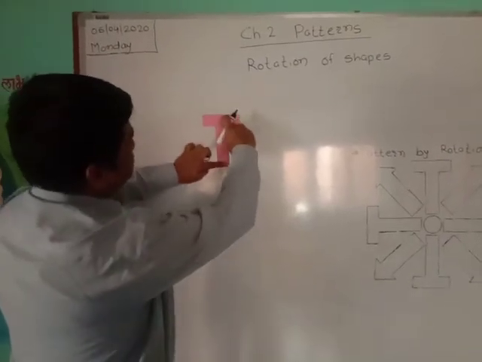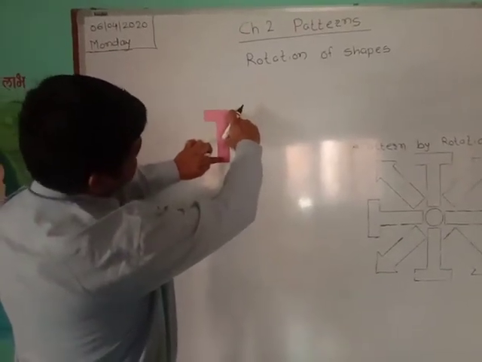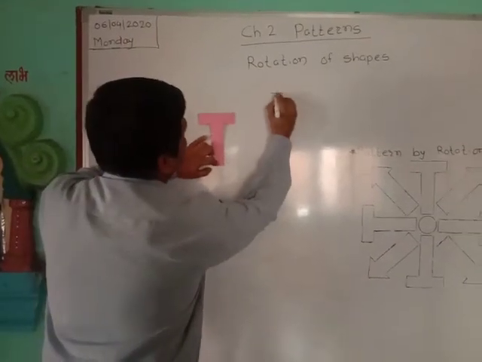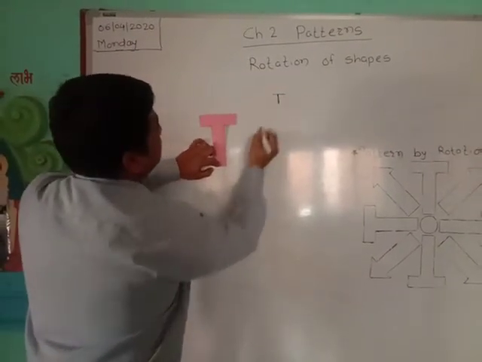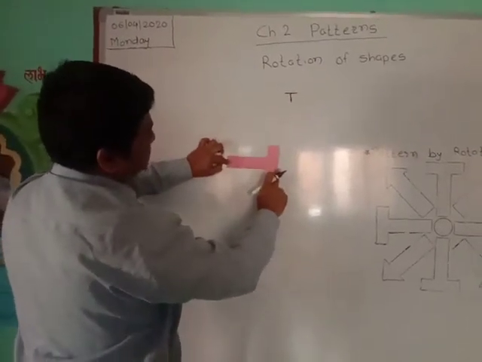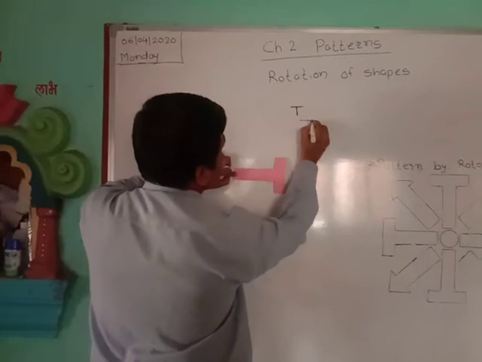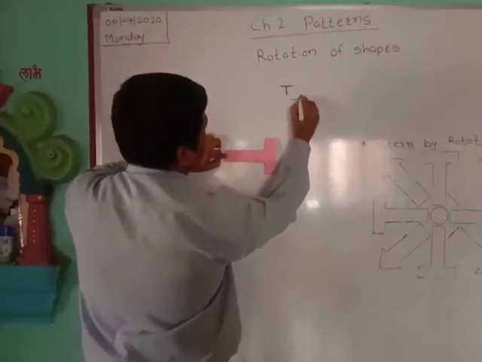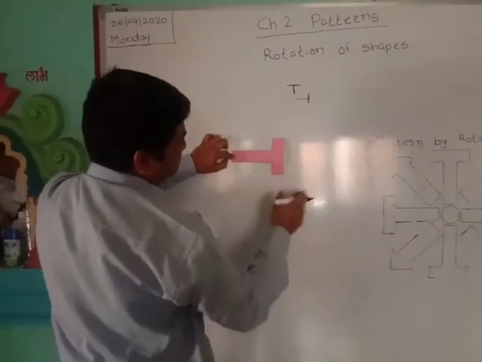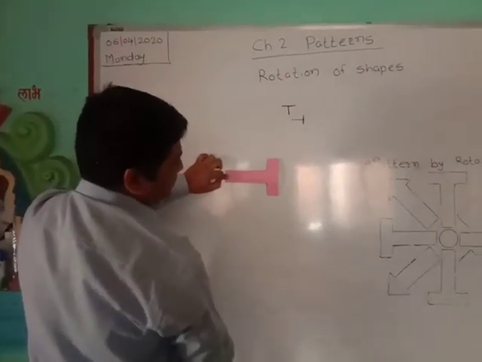Now let's rotate T about its bottom. So initially, your T looks like this. When it's rotated through 90 degrees in clockwise direction, the T head will be to the right and it's lying down.